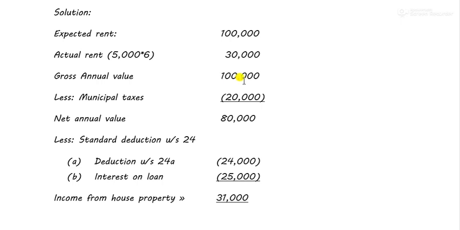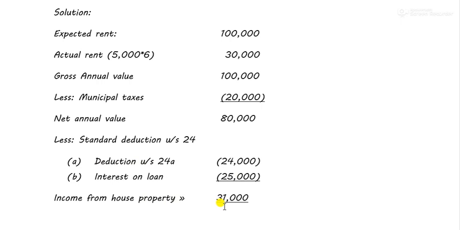So whichever is higher, gross annual value 1 lakh, less municipal taxes for the full year, then comes the net annual value. Then of course the standard deductions under section 24. Deductions under section 24A, 30% of the net annual value 24,000, and interest on loan 25,000 fully deducted. So income from house property is 31,000 for the solution for time wise division of house property.